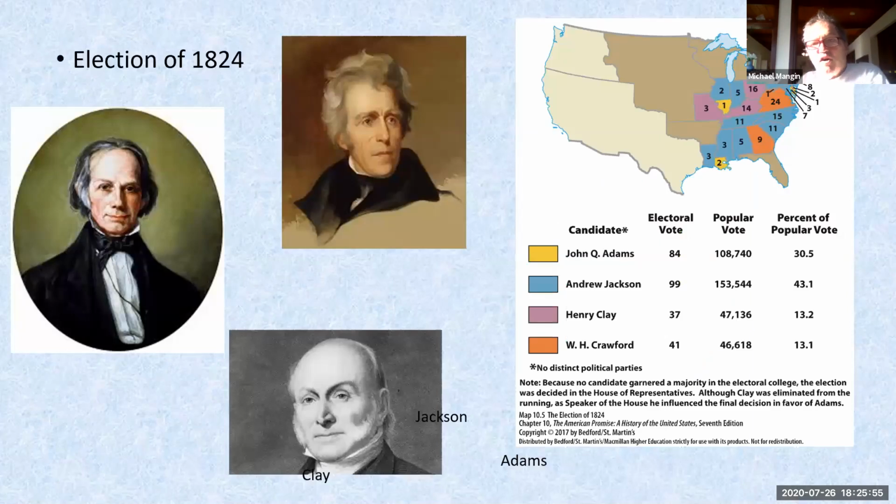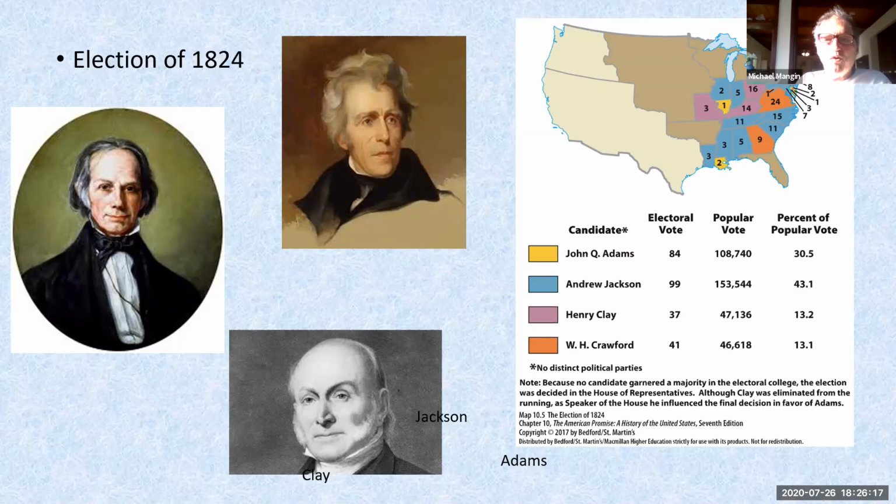Well, the election of 1824 started really in about 1820-21 when James Monroe ran for re-election in 1820. He basically ran unopposed. It was obvious that he would win.